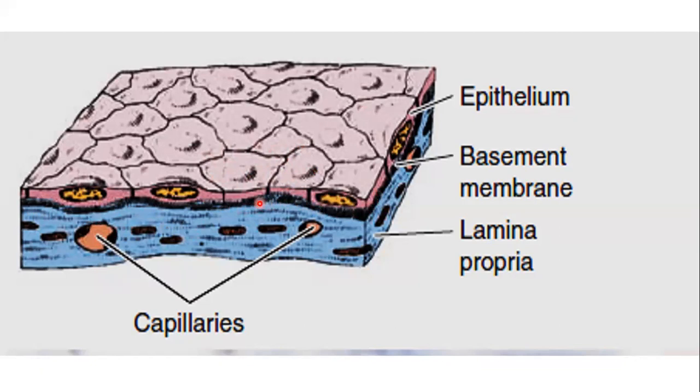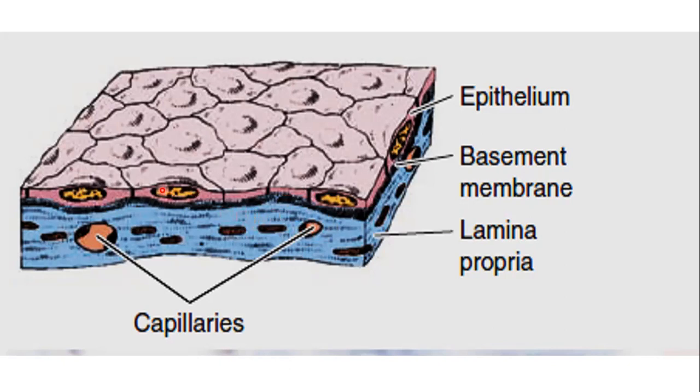This basement membrane is found in all epithelial tissue, and that's where the cells are seated. Immediately below it is connective tissue, which we call lamina propria here. This connective tissue has blood vessels. Blood vessels do not penetrate through the basement membrane. They remain in connective tissue.